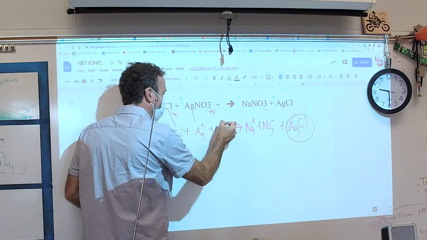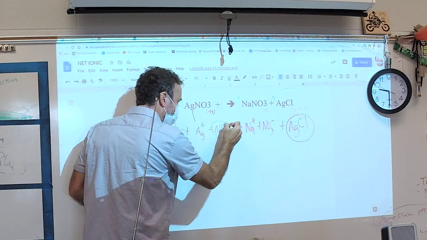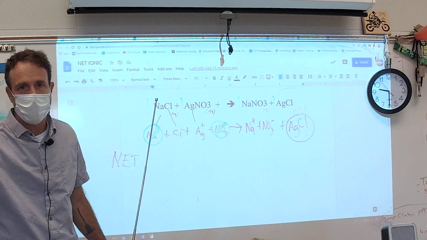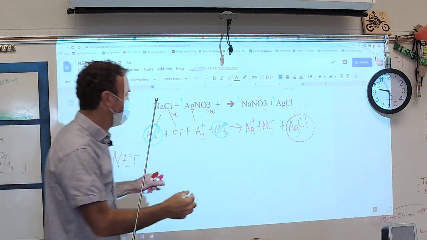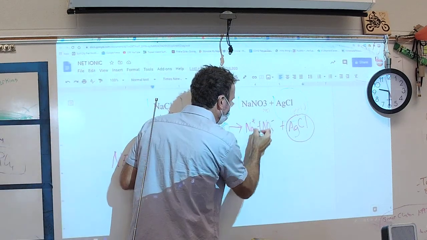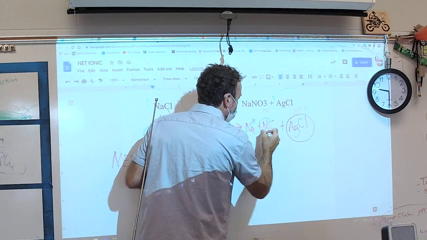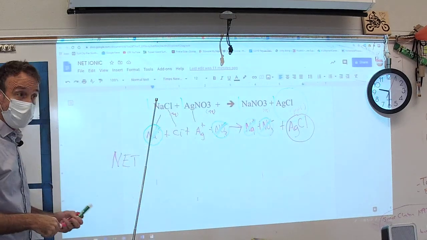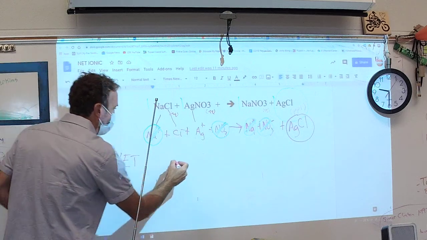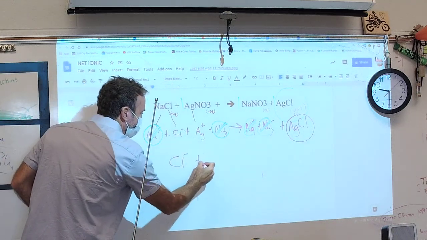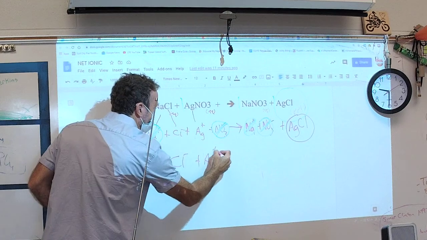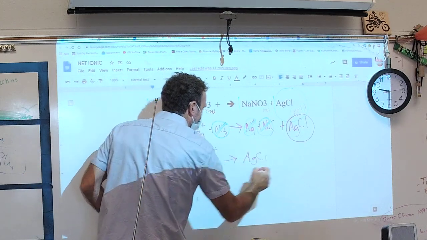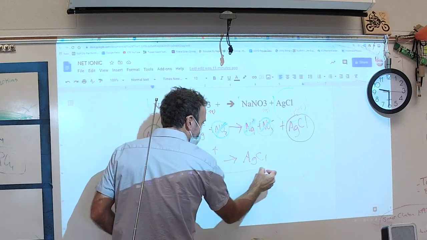No, you mark it out. People at home, if you can't see that, I'm making the Ghostbusters symbol over it, it's funny, trust me. And then right here, sodium, mark that out. Nitrate, mark that out. So the net ionic equation is only this. A chlorine negative ion and a silver positive ion in the water get together to make silver chloride. This is actually the only thing that's happening in the water.